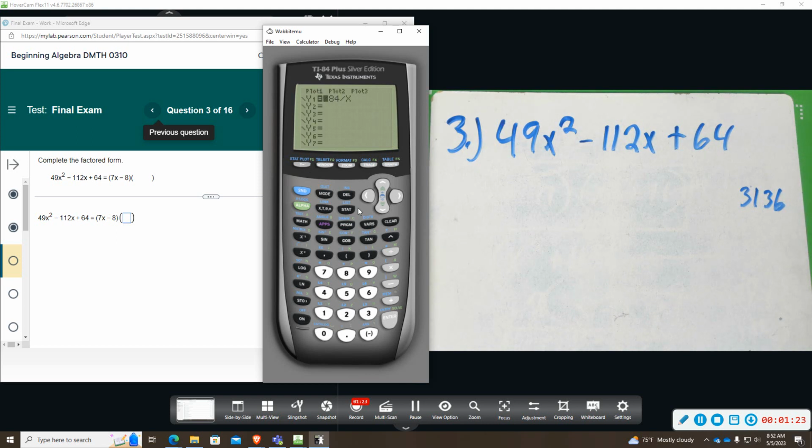Clear. Divide by x and look at the table. So we want to add to get 112. Again, it's starting down from 22 because that's where I was last time I used it.